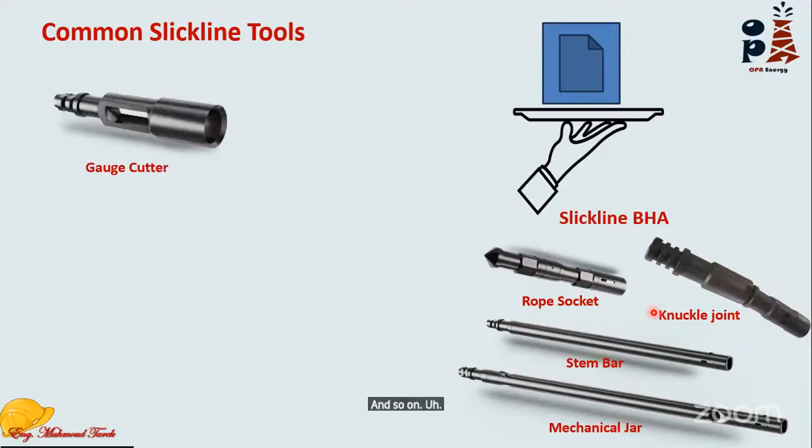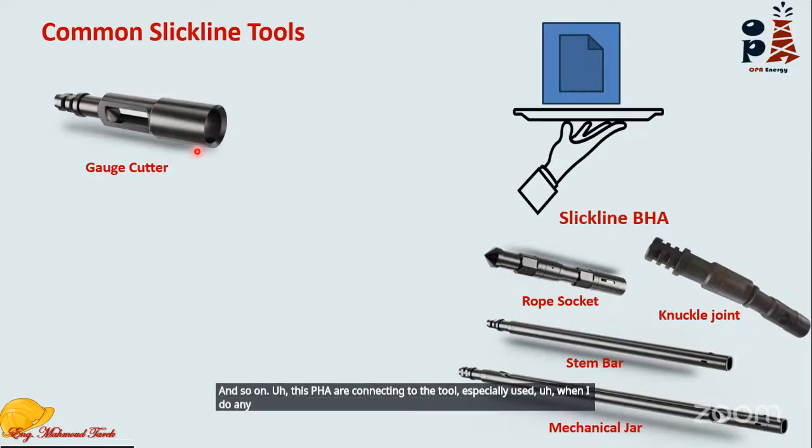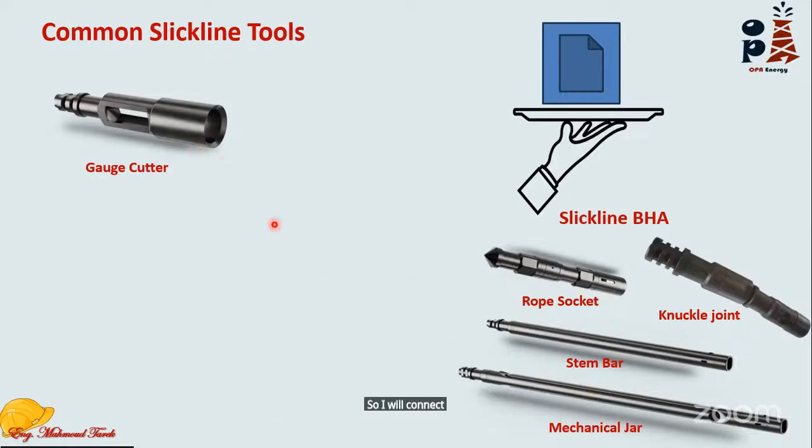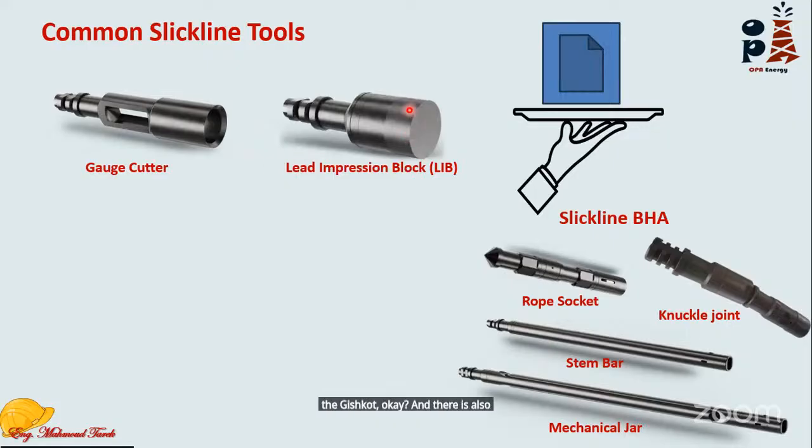This PHA is connected to the tool especially used for any application. So when I am drifting my pipe, I will connect a gauge cutter to that PHA. And there is also the LIB, which has a mark, as we said.